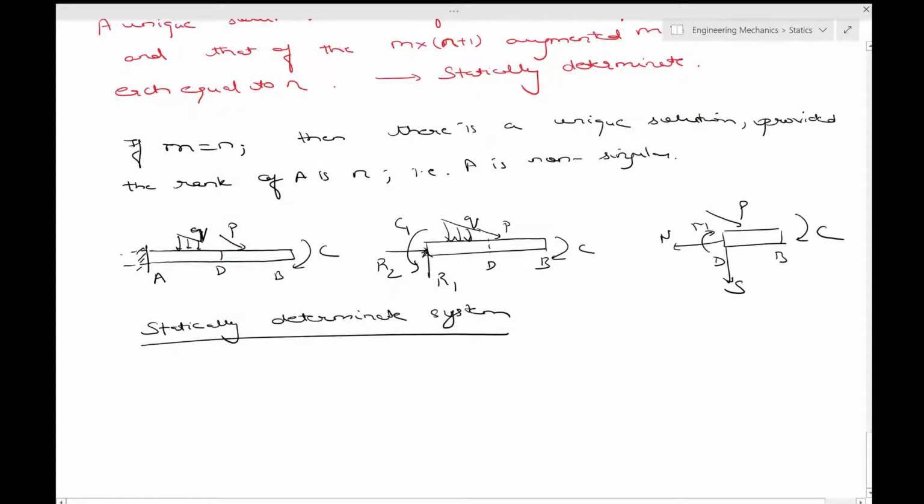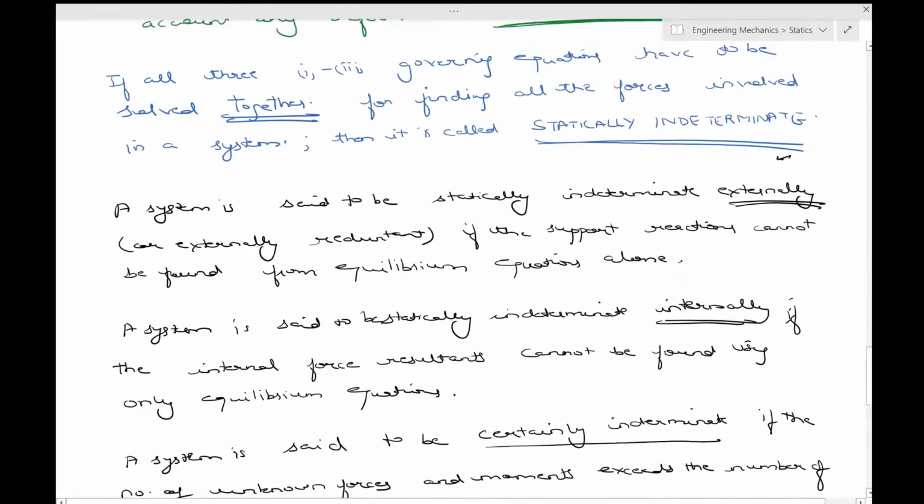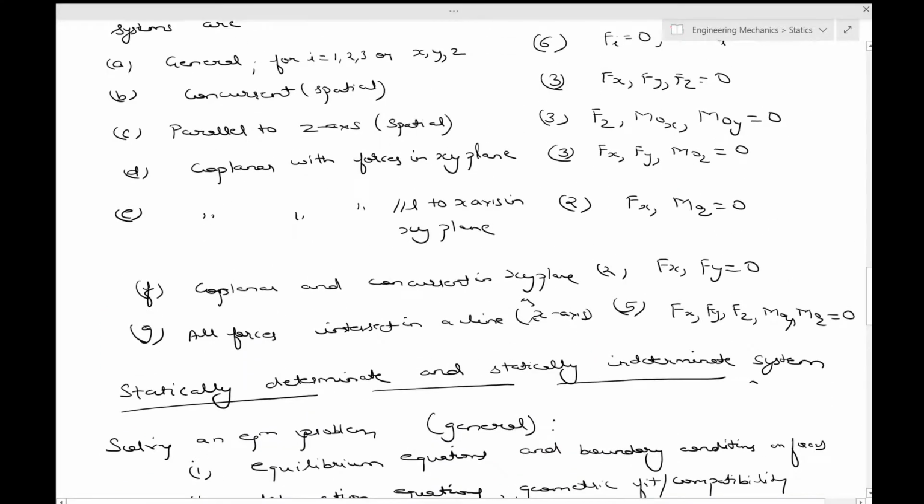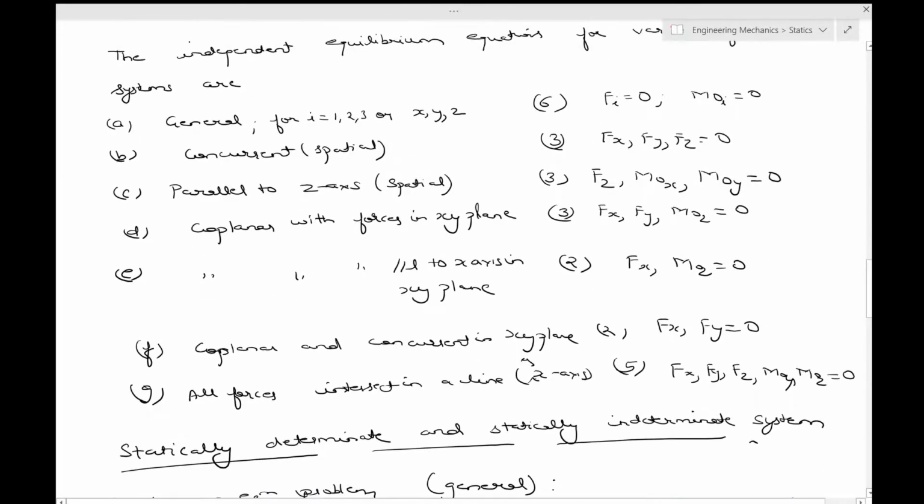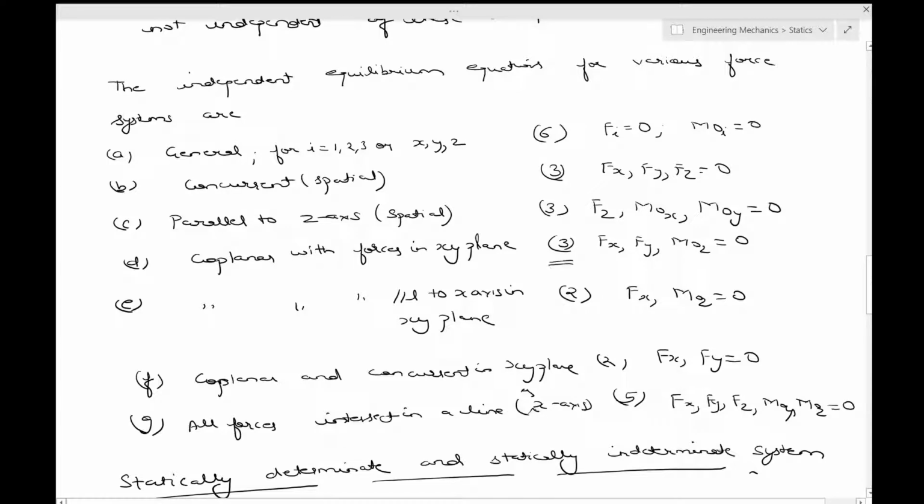So what are the reactions? R1, R2, and C1. You should know the unknowns. For a coplanar system, let's see, you have three unknowns and you have three equations.